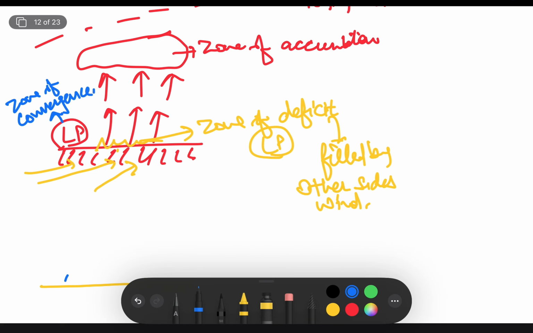And if this is the surface and the winds are sinking, it will create a high pressure area. When it creates the high pressure area, wind will start diverging.